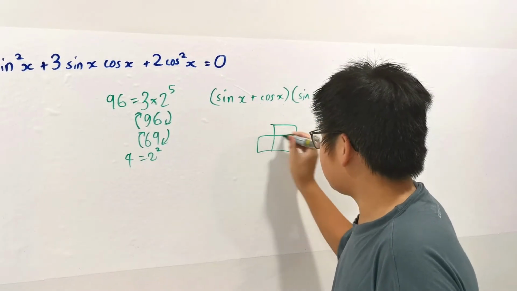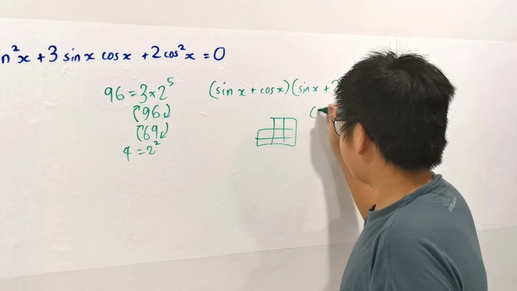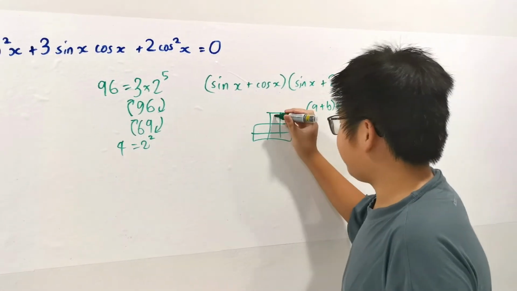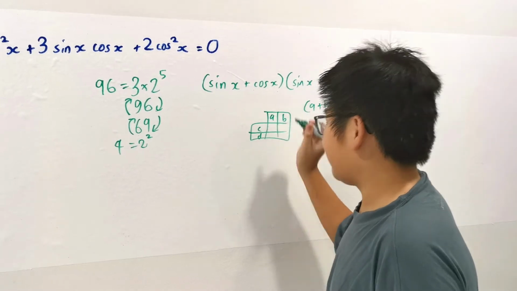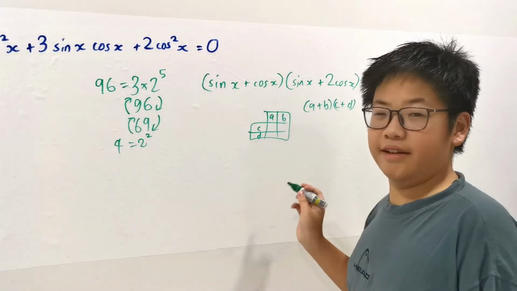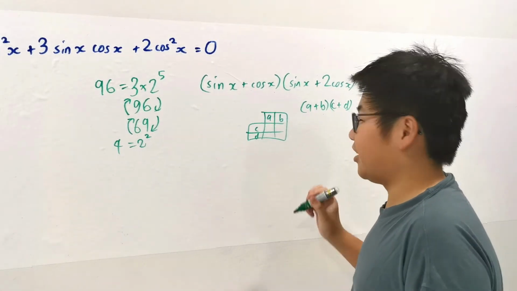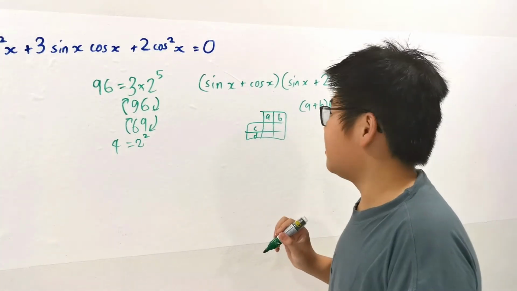So basically you have A plus B, C plus D, then you have A, B, C, D, and it's like your little multiplication table right there. You can also use this method because it's probably the most intuitive method.